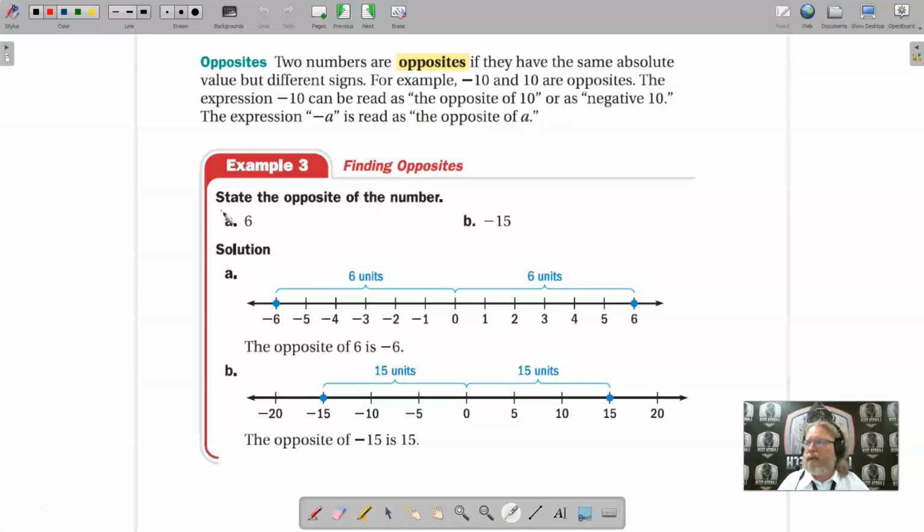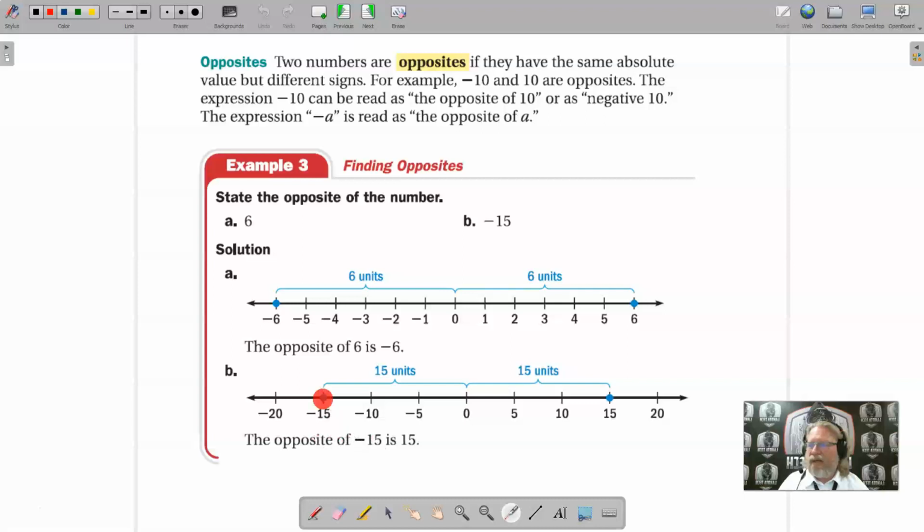So, find opposites. State the opposite of a number. So here's 6. Well, 6 on a number line is 6 units from 0. The other number that's 6 units from 0 is negative 6. So the opposite of 6 is negative 6. And likewise for B, what about negative 15? Well, we could say the opposite of negative 15.